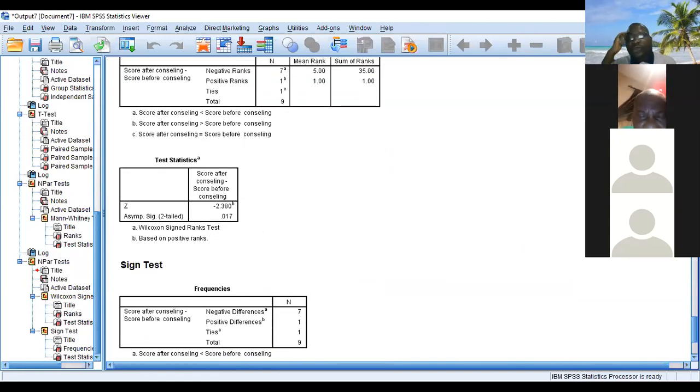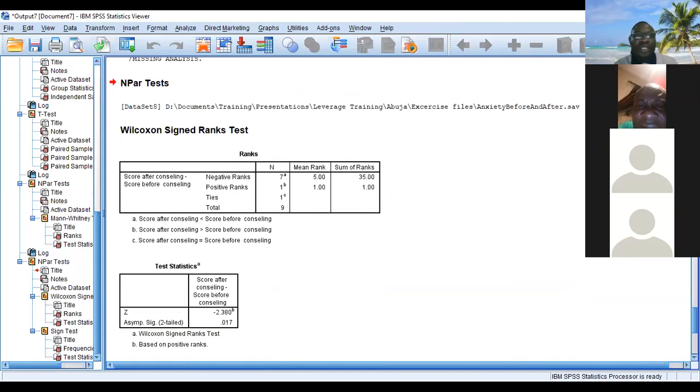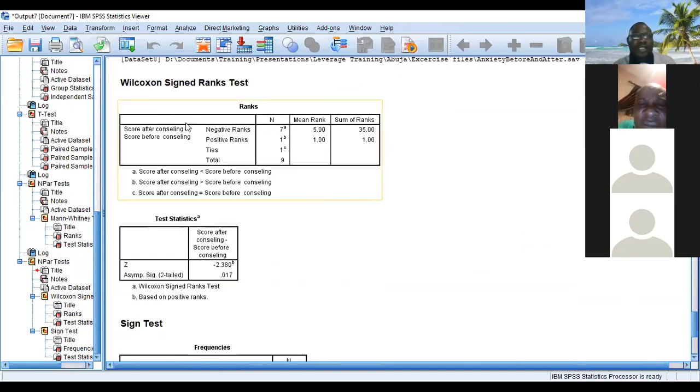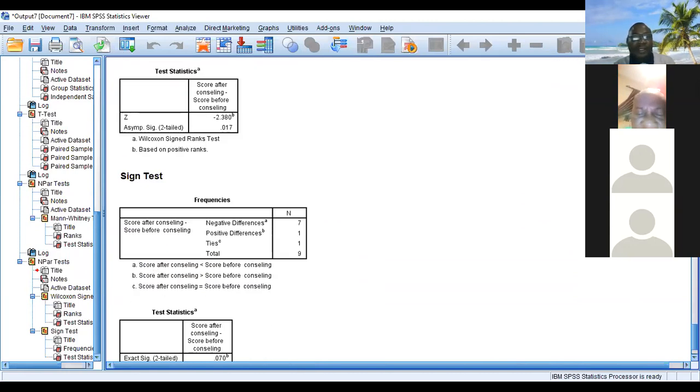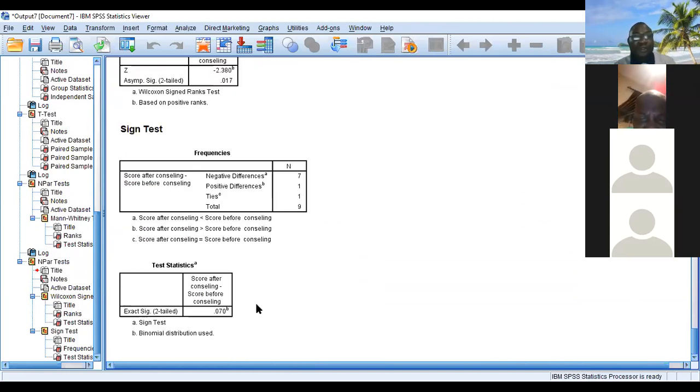It was significant yesterday also when we ran it. Now I'm showing the p-value of the Wilcoxon first. The p-value is 0.017. This is Wilcoxon. The sign test p-value is 0.07. It's not significant now. The sign test is not significant.